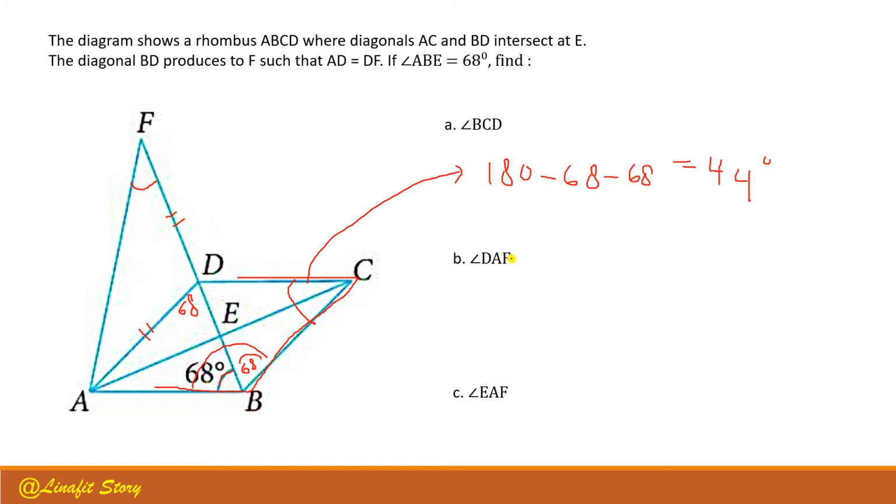So angle F plus angle A is equal to 68 degrees. To get angle DAF, it is equal to 68 divided by 2, which is equal to 34 degrees.